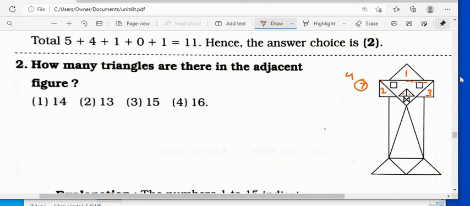Now see नीचे 8 9 और ये bigger वाला ये 10. Okay, इधर तक 10 हो गया 10. Then this one is 11, this triangle is 11. Then this is 12, this is 13 and this smaller triangle is 14.